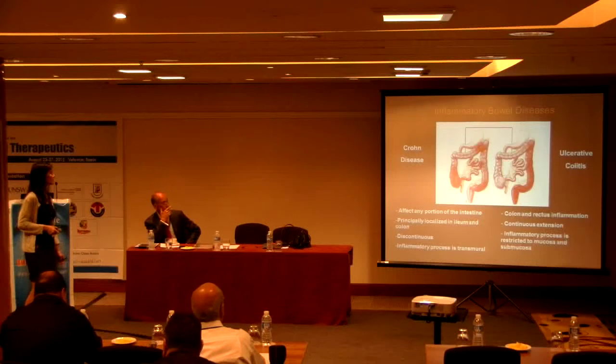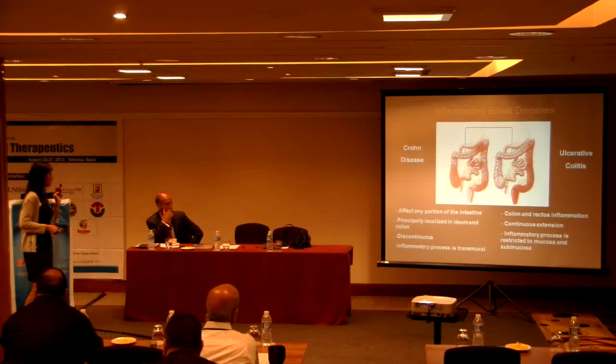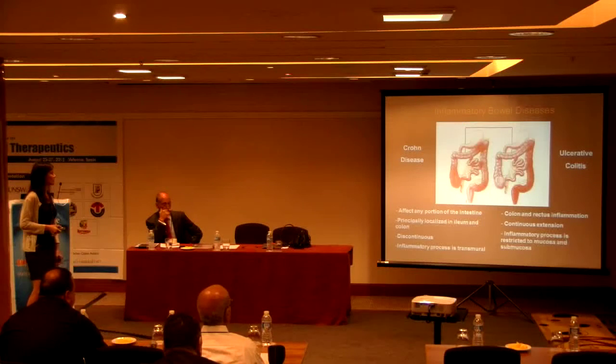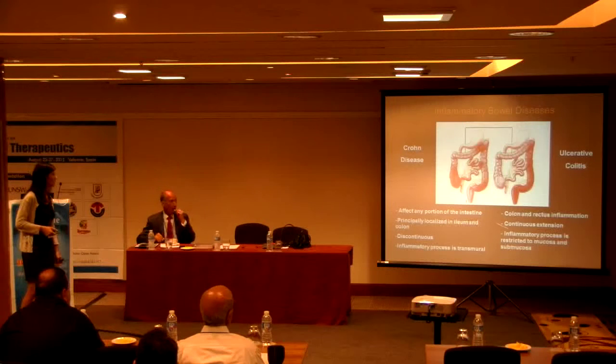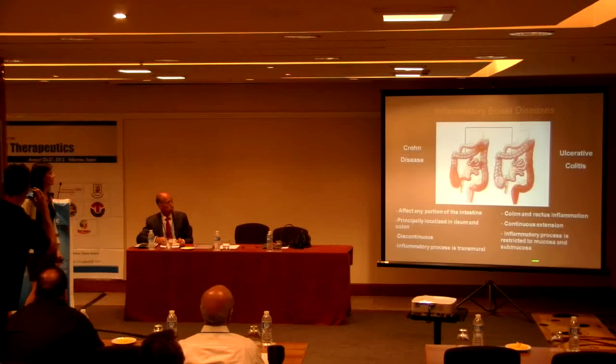It's a discontinuous disease, and the process of inflammation is transmural. The opposite is ulcerative colitis, where the inflammation is mainly restricted to the colon and rectum, has a continuous extension, and the process of inflammation is restricted to the mucosa and submucosa.